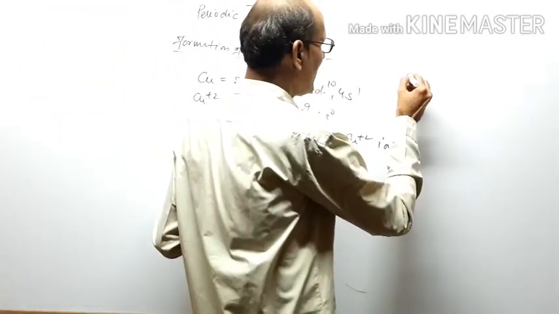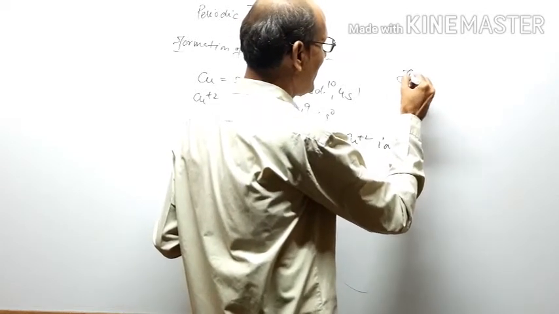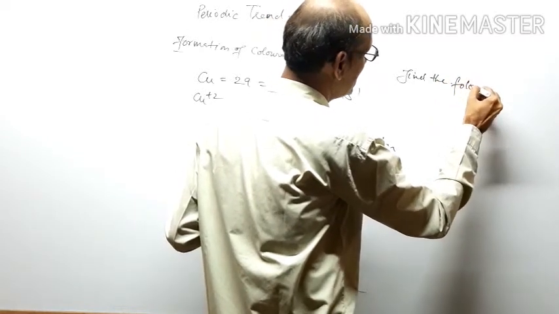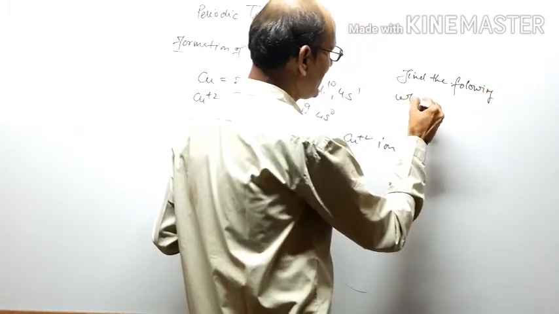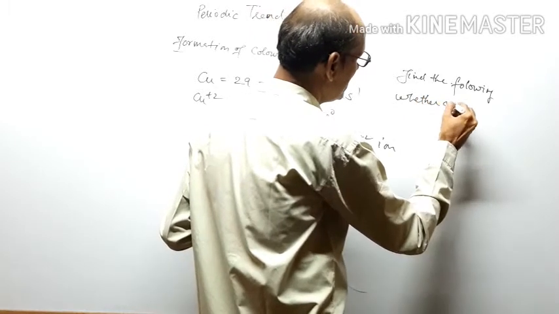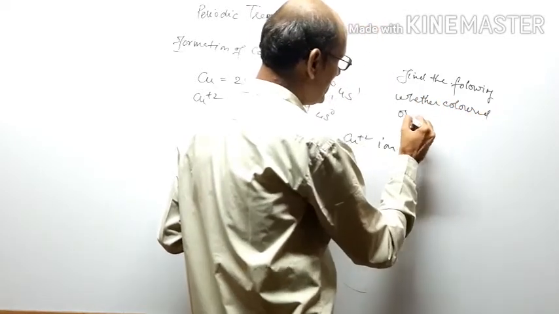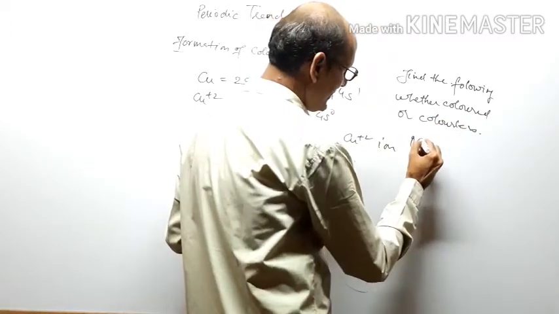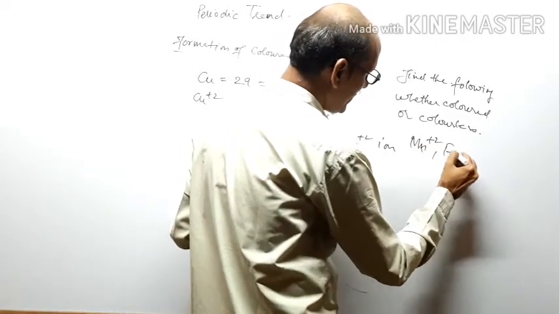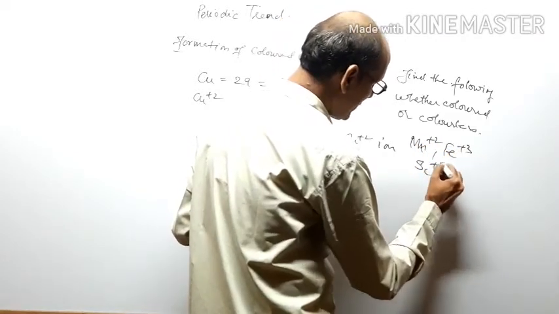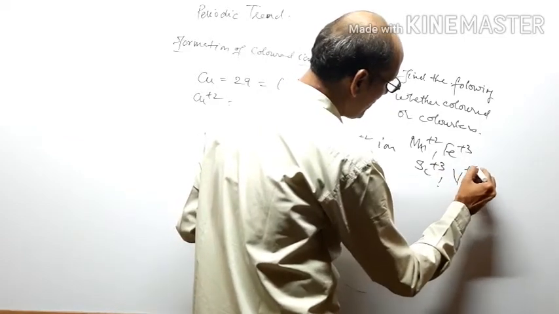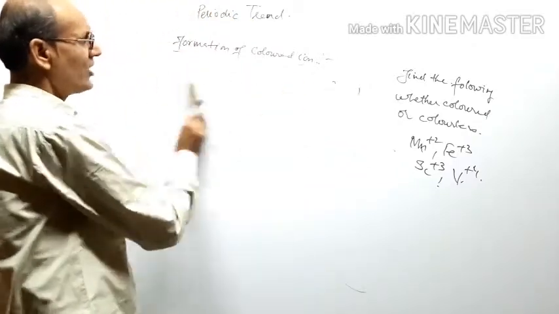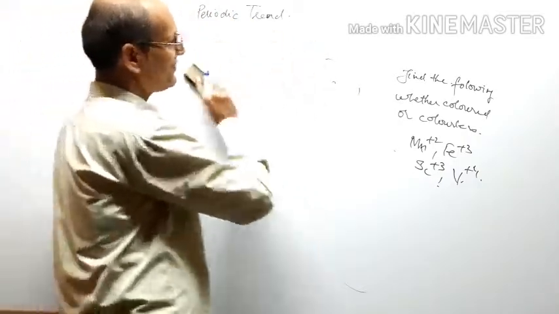So you have to find out the following, whether colored or colorless: Mn2+, Fe3+, Sc3+, V4+. Find these ions and tell whether each is colored or uncolored.